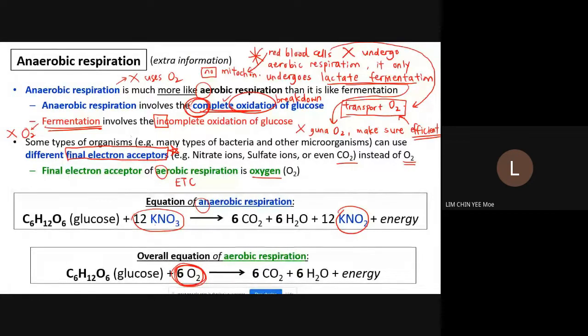Dua lah reason. And another type of cells that we know only carry out aerobic, okay, ini based on Campbell. Of course, kalau I baca sources lain, dia cakap dia adalah buat lactate fermentation.